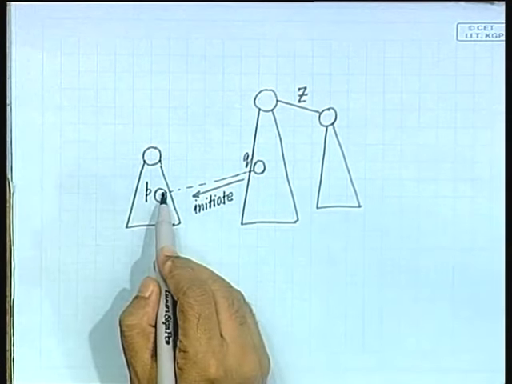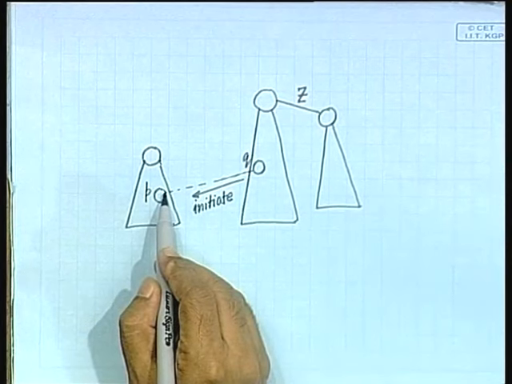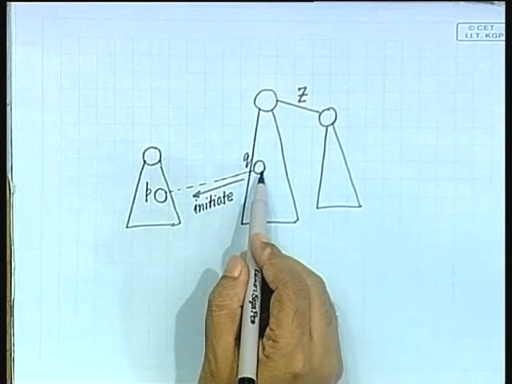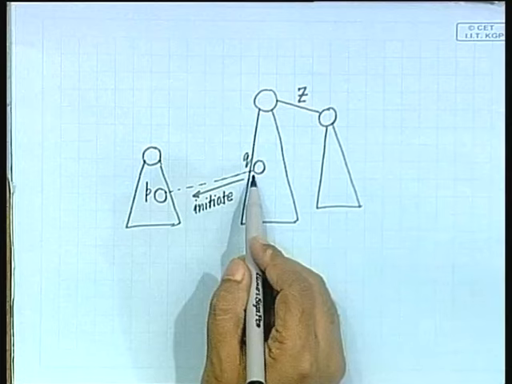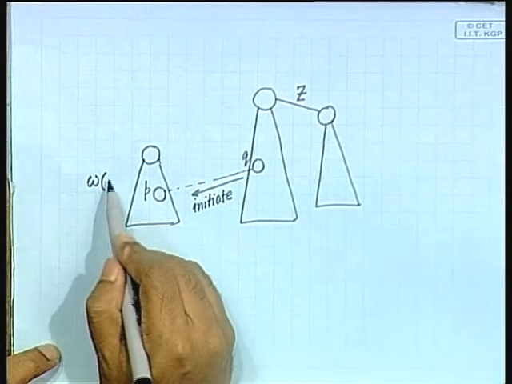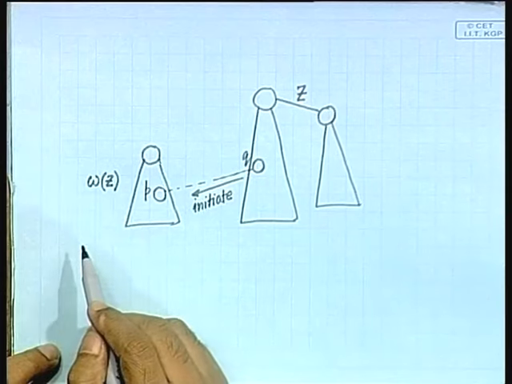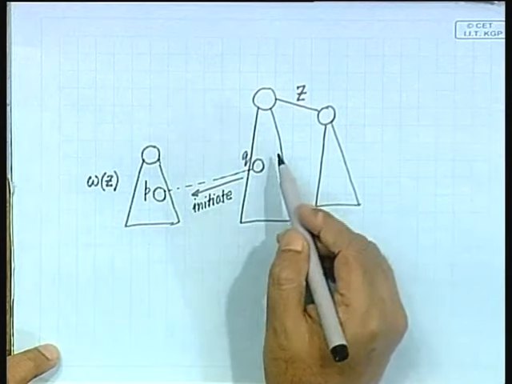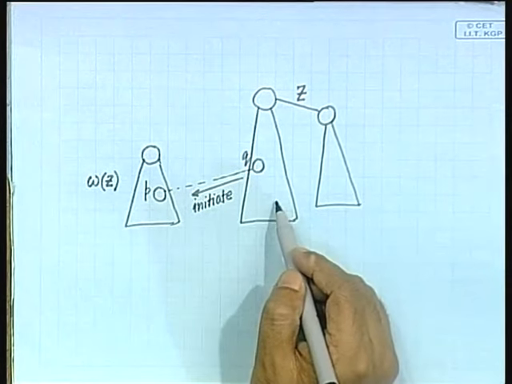Now, when this initiate message comes here, what is going to be the name of this fragment? WZ. The name of this will be WZ. The level of this will be the same as this.